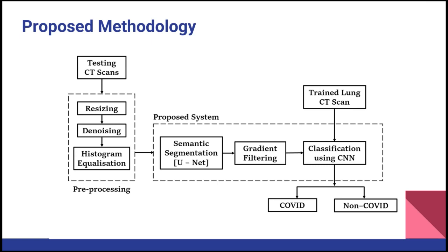It works by redistributing the intensity values of an image so that intensity values are more evenly spread out over the entire range of possible values. This is achieved by calculating a histogram of the image and applying a transformation to the image that maps the intensity values to a new range. Histogram equalization can help improve the visual quality of the image and make it easier to analyze.